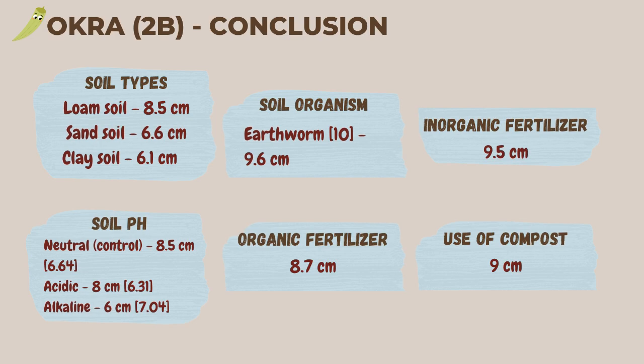The soil with earthworms in it grew to 9.6 cm. With inorganic fertilizer, it grew to 9.5 cm. In soil pH, neutral 8.5 cm, acidic 8 cm, alkaline 6 cm. With organic fertilizer, it grew to 8.7 cm, and last but not least, with the use of compost, which is 9 cm.